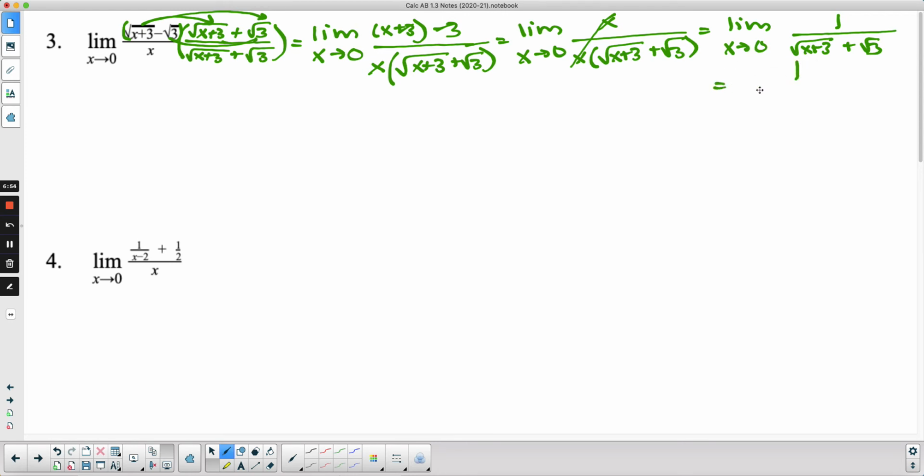So this is equal to 1 over root 0 plus 3 plus root 3, which is 1 over root 3 plus root 3, so 1 over 2 root 3. All right, so using rationalization, we got the limit as x approaches 0 of this function to be 1 over 2 times root 3.